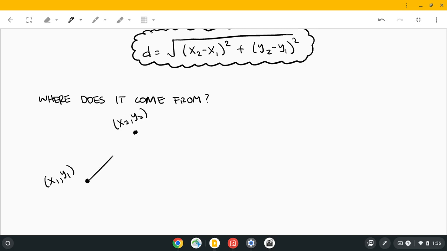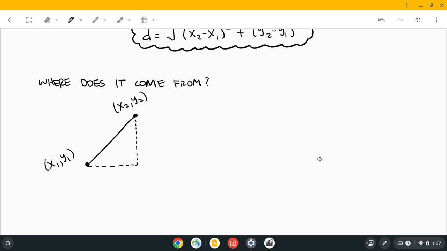And what I want to know is the distance that's between them, right? Okay, so if I draw a right triangle here, then I know that this leg here is some x distance, because remember you're on the plane.